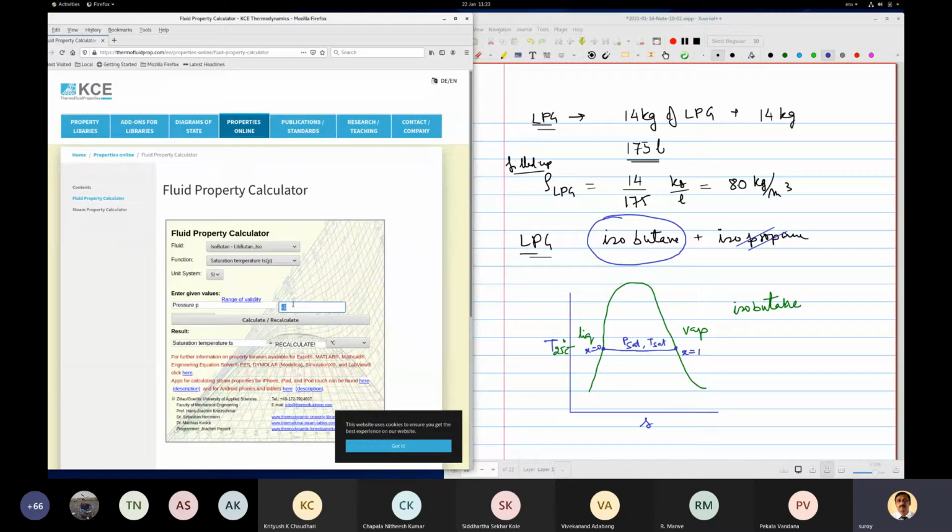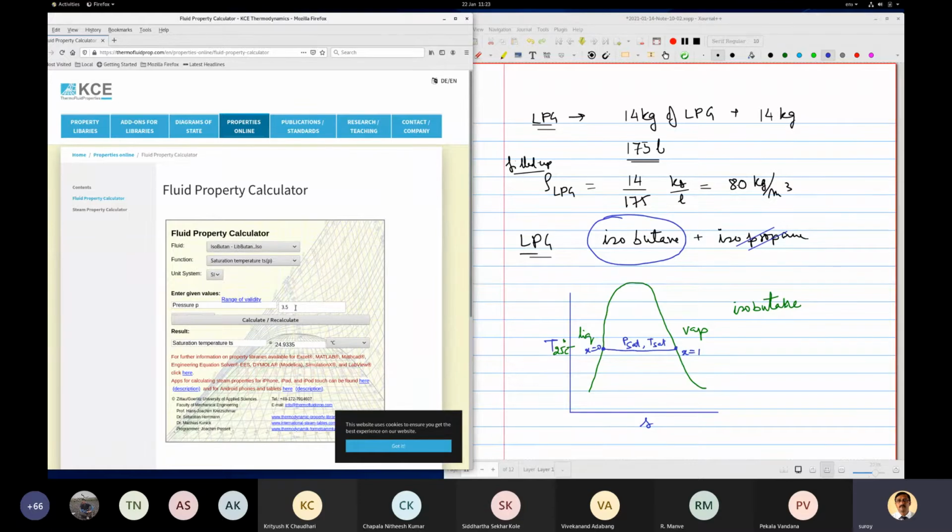Given a pressure, say, pressure of 10 bar, it gives 66. So pressure of 5 bar will give you 37. Pressure of 1 bar will give you 12. Pressure of 3 bar will give you 19. 3.5 bar will give you 24.